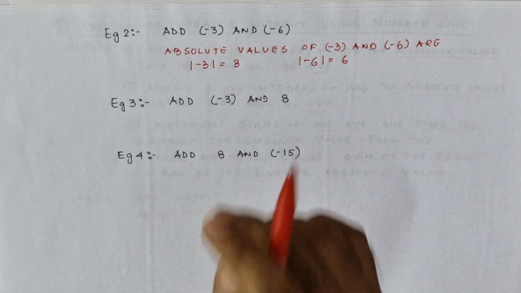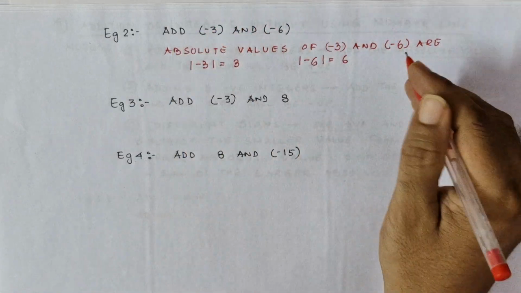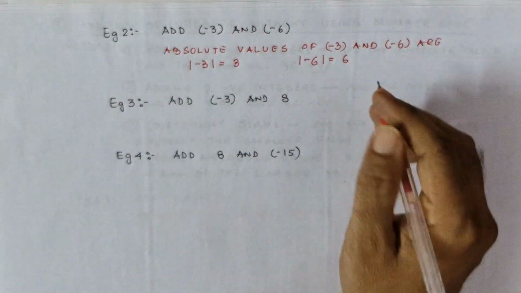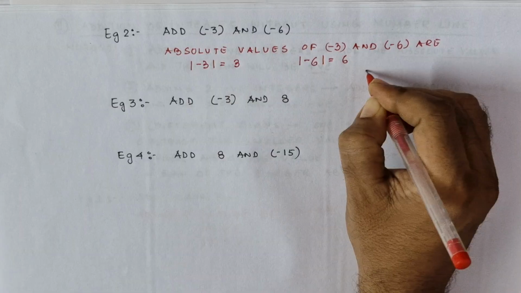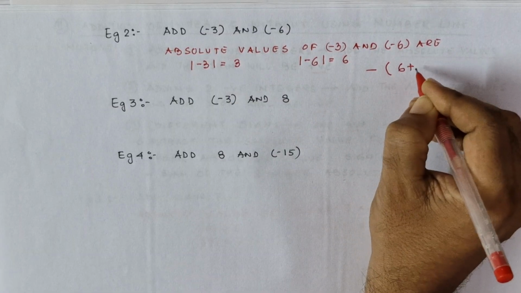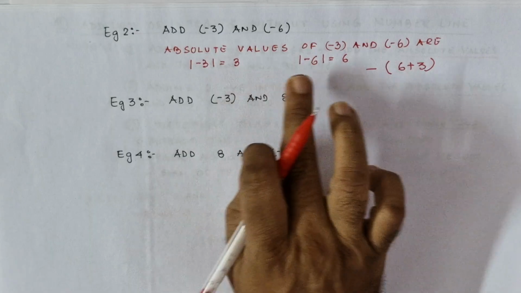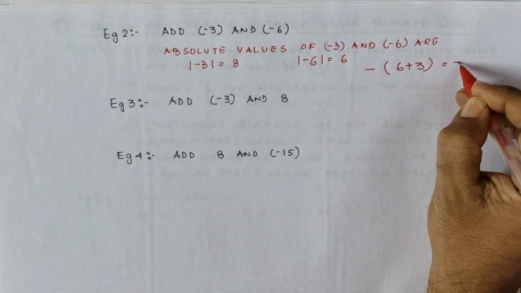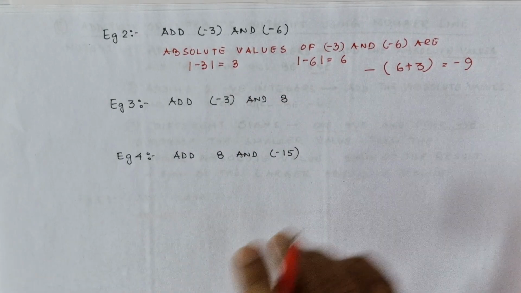What we said is that you have to add them up and put a negative sign in front of it. So I am putting a negative sign in front and adding the two absolute values. That is minus 9, your answer.